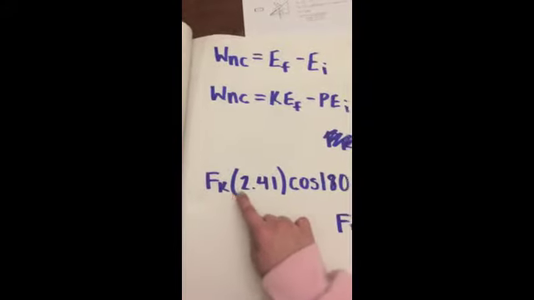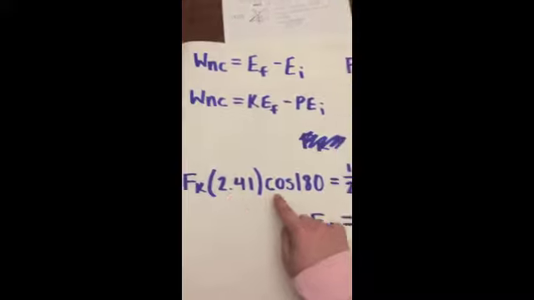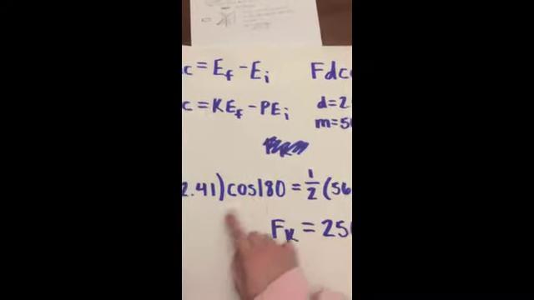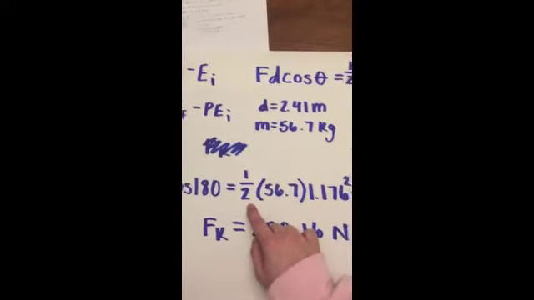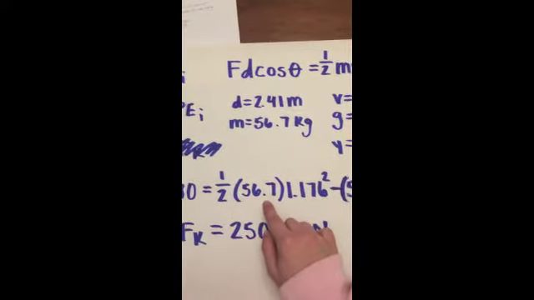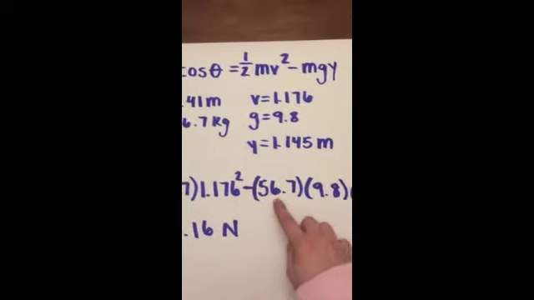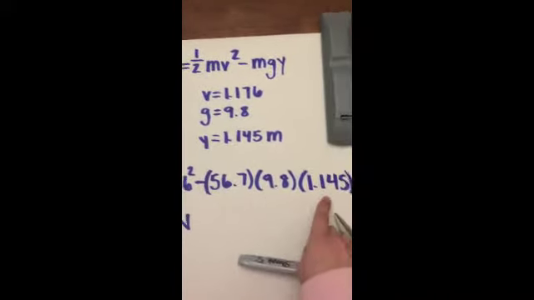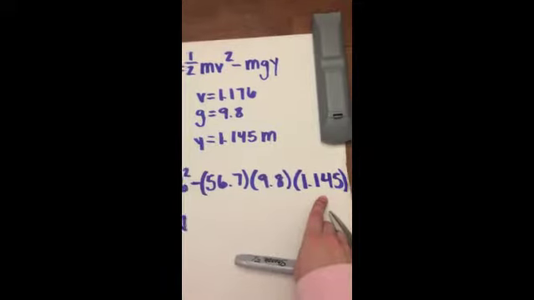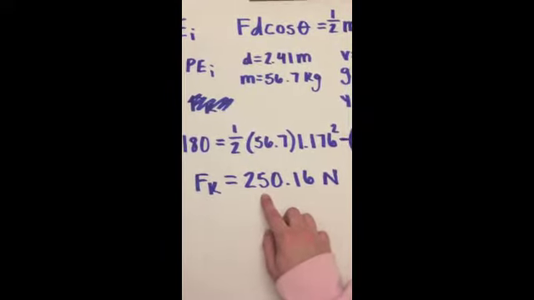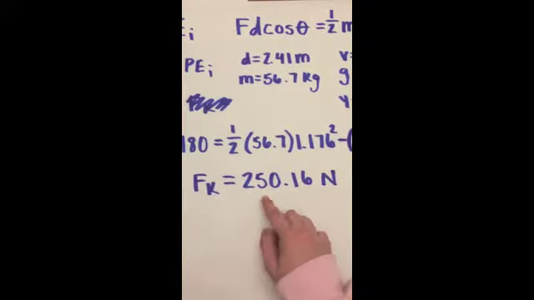So we take force kinetic times 2.41 times the cosine of 180, since kinetic friction is opposing motion, which equals 1/2, 56.7 kilograms, times the final velocity squared, minus the mass times g times y, the height of the slide, which then gives us a force of kinetic friction, which equals 250.16 newtons.